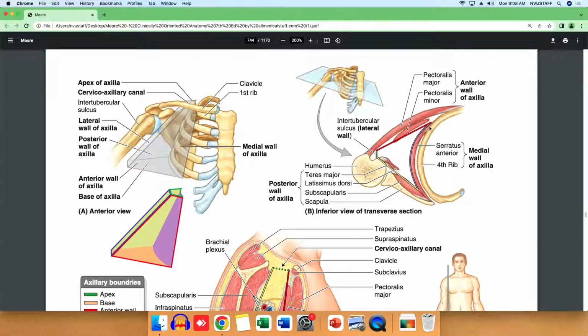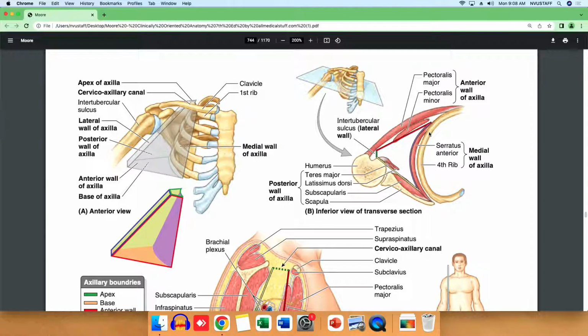Well, the medial wall of the axilla is even easier to understand. Why? Because among the medial-most structures in this region, we have the thorax and the muscles associated with that region. In the case of the thorax, we're talking about the ribs and muscles, particularly one large muscle which is attached here.